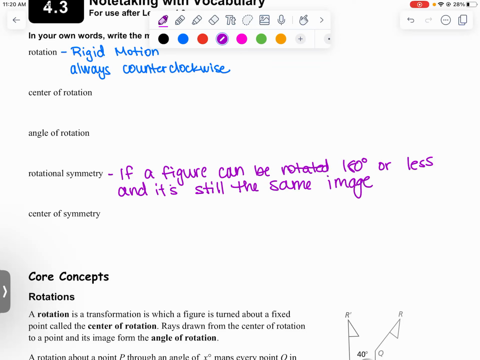So if we can rotate an image 180 degrees or less, and it's still the same image, that's what we call rotational symmetry.